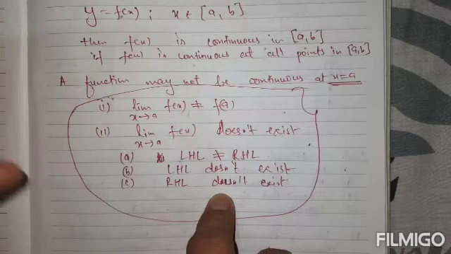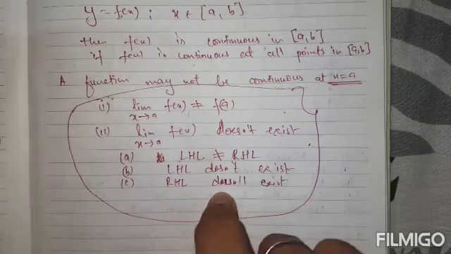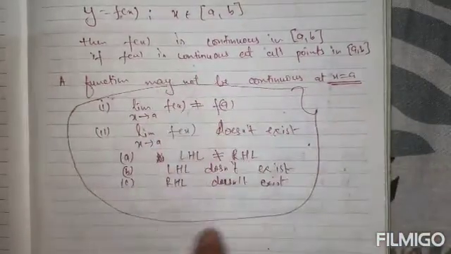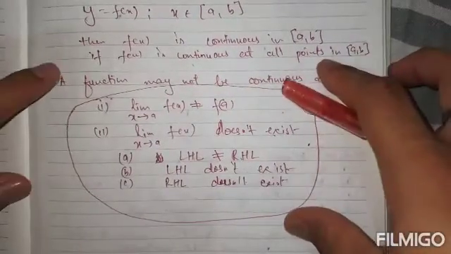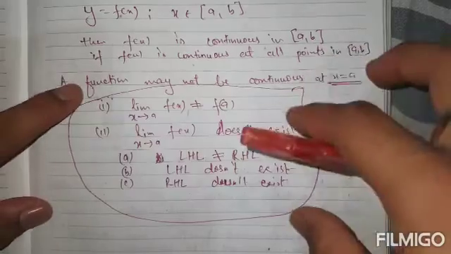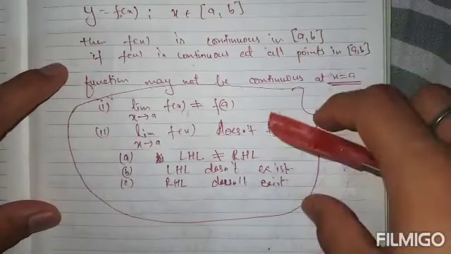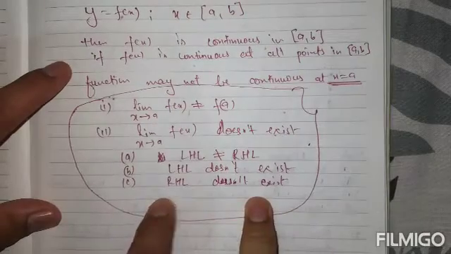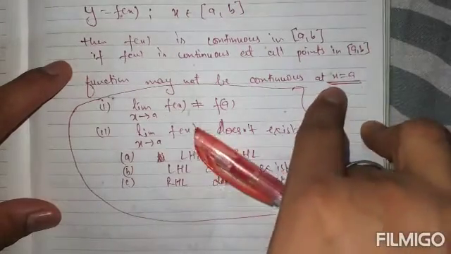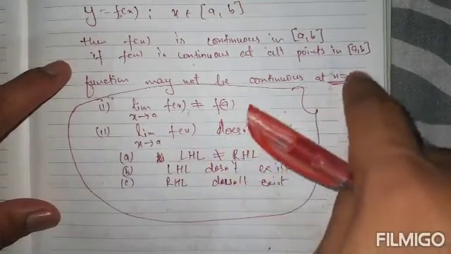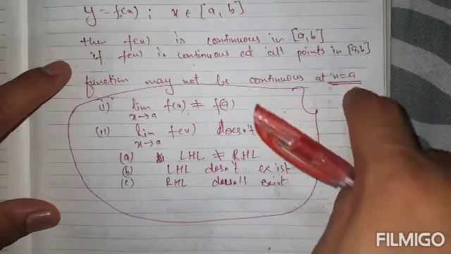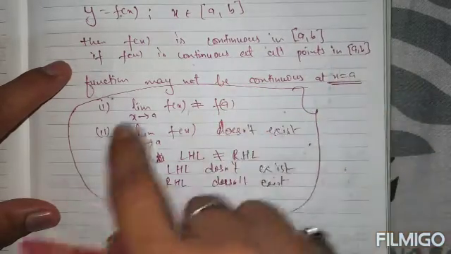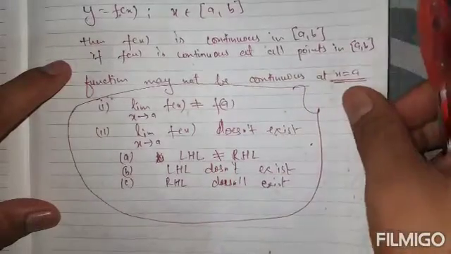That means the limit does not exist, and hence the function is not continuous. So these are the several ways in which a given function cannot be continuous. If any of these things holds, we say that the function is not continuous at a certain point x equal to a. And if this point x equal to a lies in some interval, then we say that the function is not continuous in that particular interval.